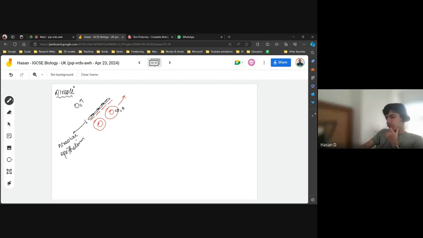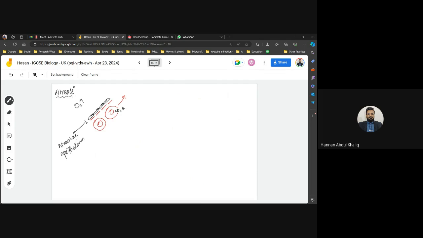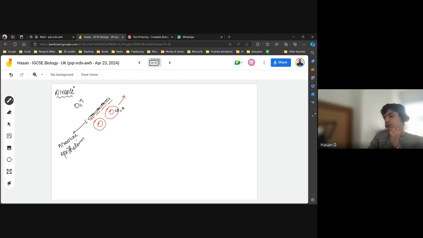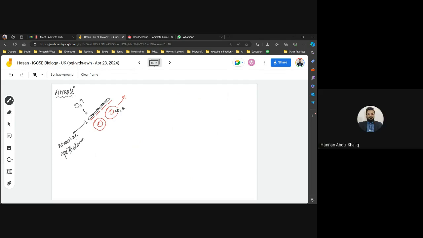Where do you think the oxygen would move and why? The oxygen would go inside and the carbon dioxide would go outside. Why would they move on the relative sides?